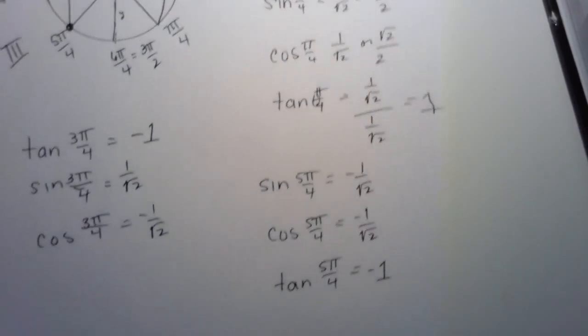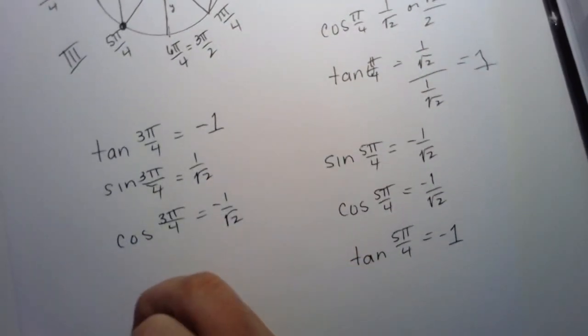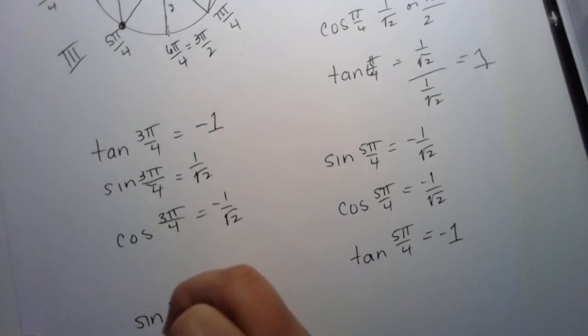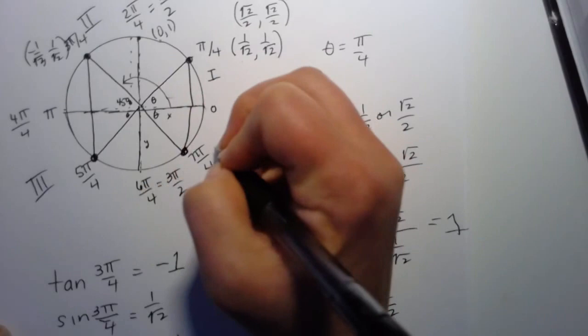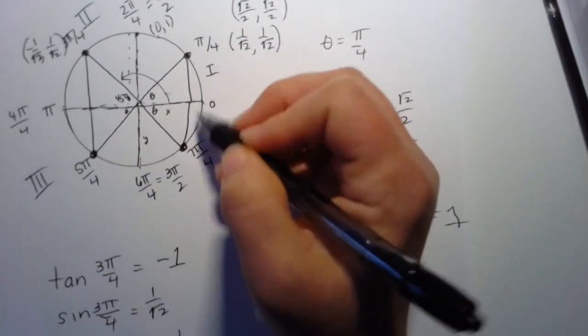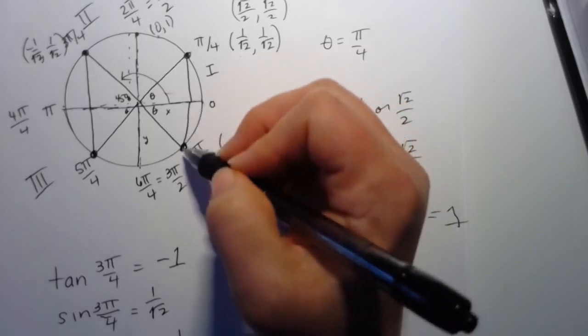Okay? And then my last one over here, 7 pi over 4, let's write sine of 7 pi over 4, cosine of 7 pi over 4, and tangent of 7 pi over 4. All right, so down here, I'm looking at this point here, and again, my triangle has the same lengths. It's just about where they're located and how to get there.